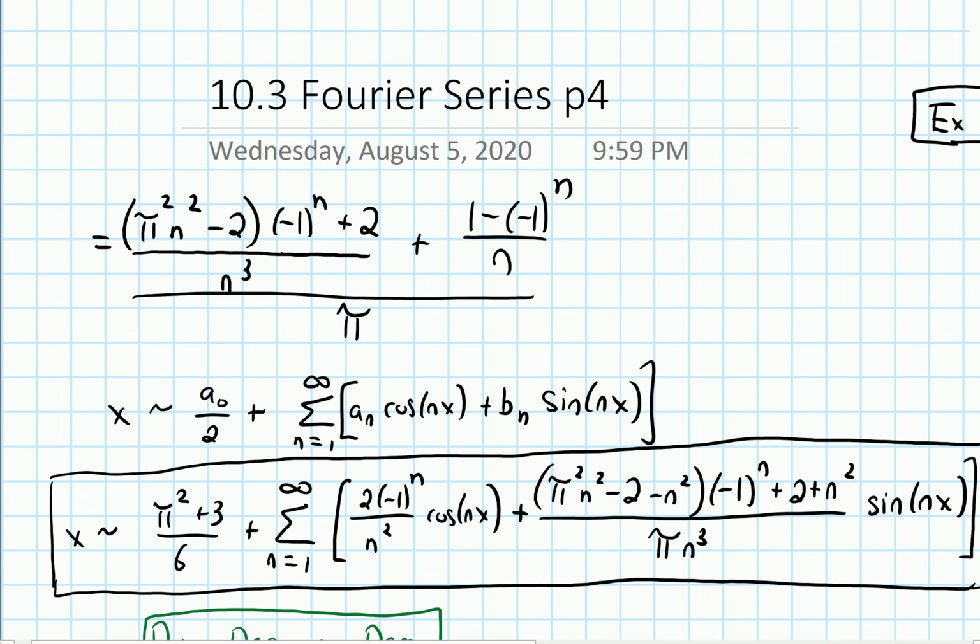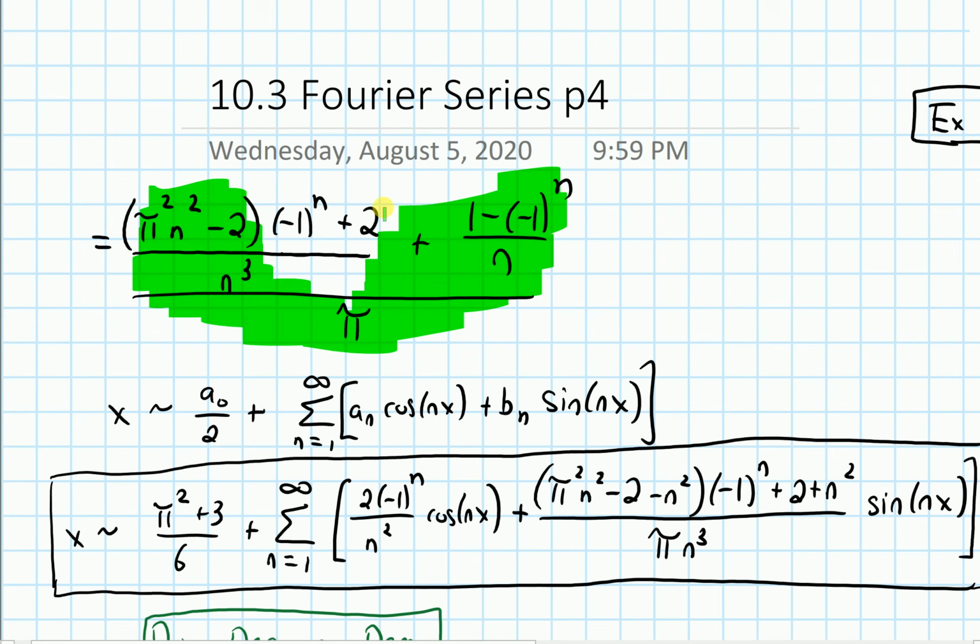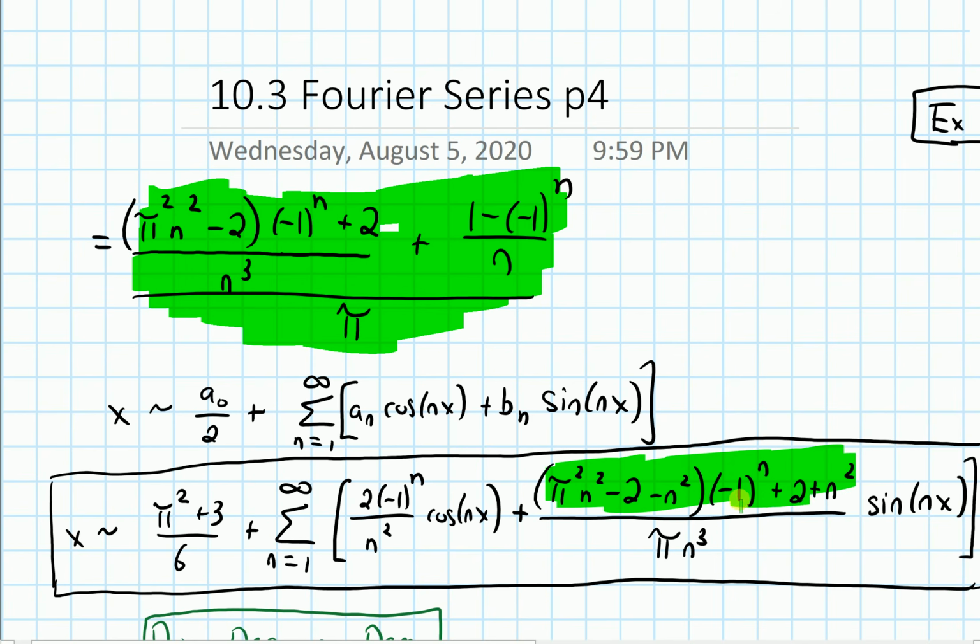So now that we have that, we are ready to write down our Fourier series. After we plug in for our coefficients, maybe let me highlight this one in green. These are the coefficients of the sine terms, and I've gone ahead and gotten a common denominator and simplified this a little bit more.